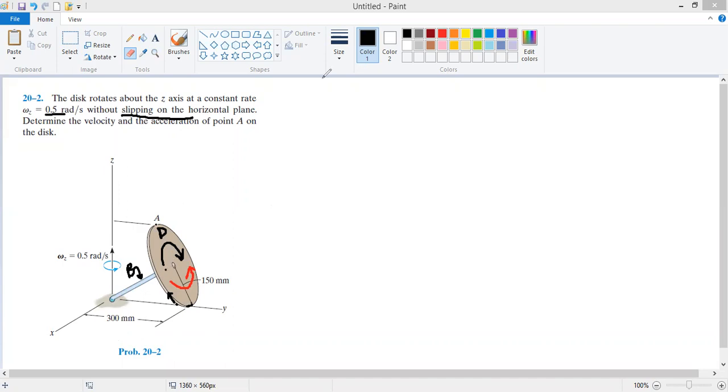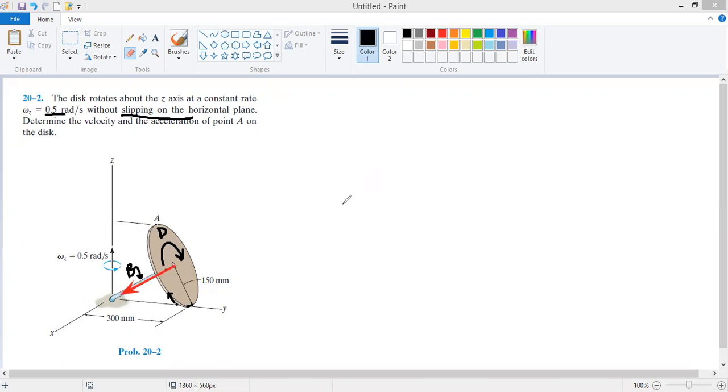So the disk is spinning in a sense of clockwise rotation, and its overall motion about the z-axis has an angular velocity of 0.5 radian per second. If we curl our fingers in this direction, the rotational vector will be in this direction. The sense of rotation of this disk will be in this direction.